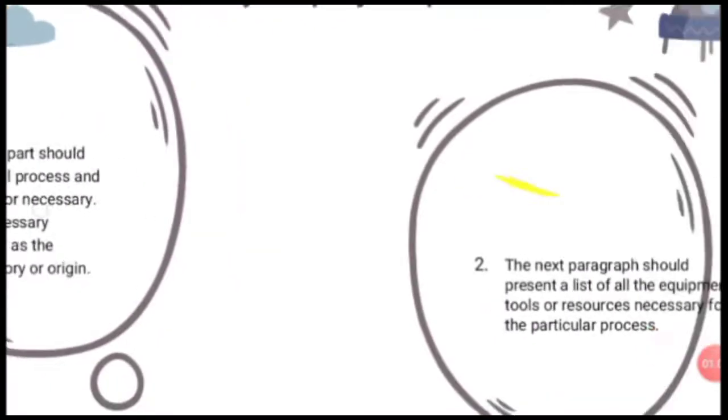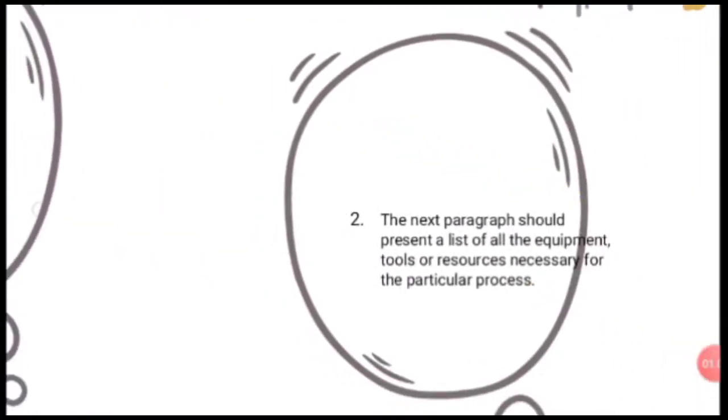The second is the next paragraph should present a list of all the equipment, tools, or resources necessary for the particular process. For instance, if some ingredients cannot be found in the locality, explain where you can find them.